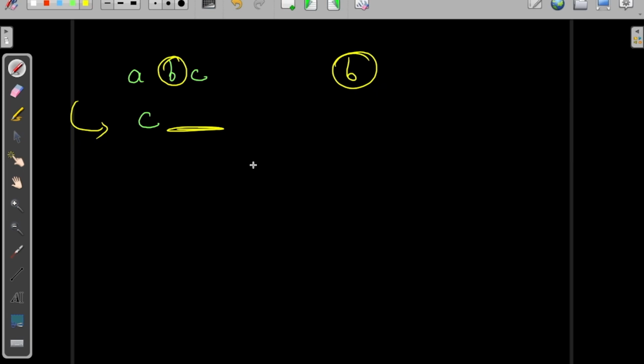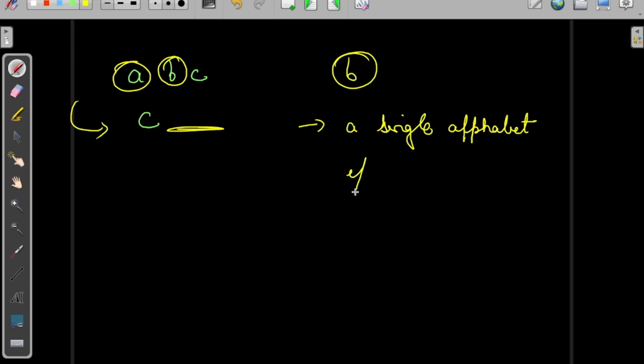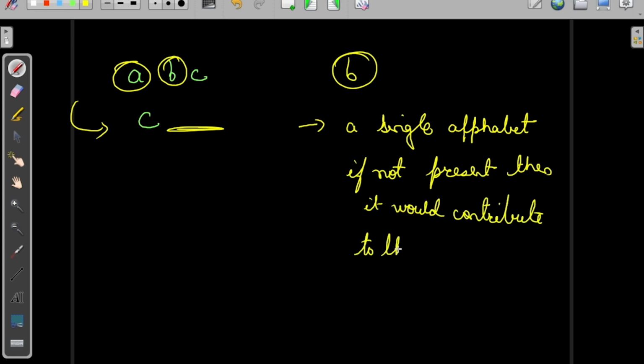In the same way, I can also say that A is also the smallest uncommon subsequence that is not present. So we can definitely say that if a particular single alphabet is not present, then it would contribute to the answer. That means that it would be the answer. Yes, A is the smallest one.